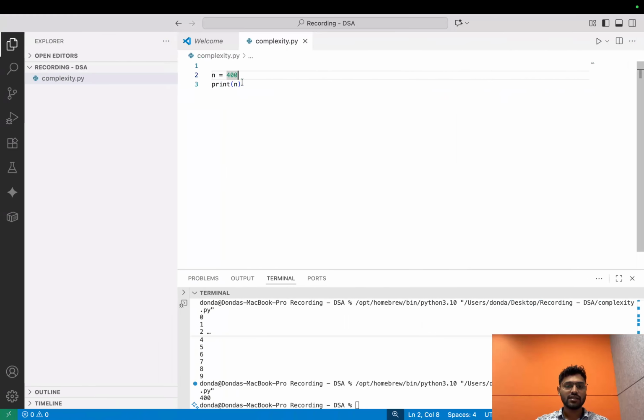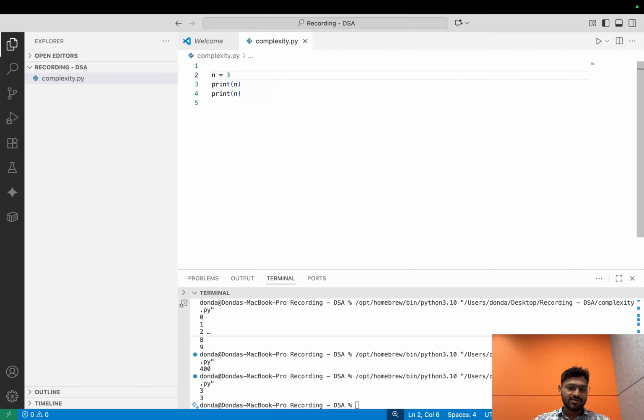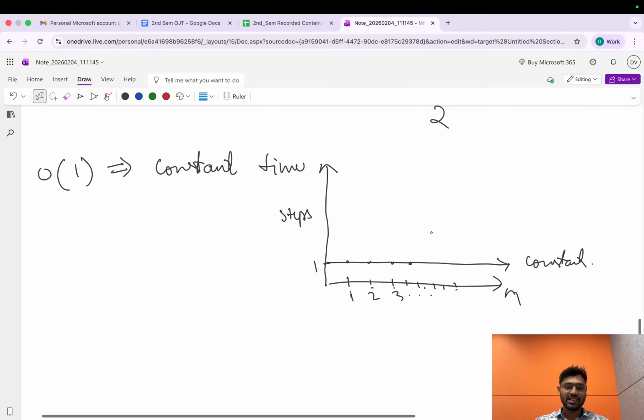Okay, if I print n again, n value can be anything. I am printing it 2 times. What is the time complexity? Big O of 2? No, there is no big O of 2. There is only big O of 1, meaning constant time. I'll tell you why.